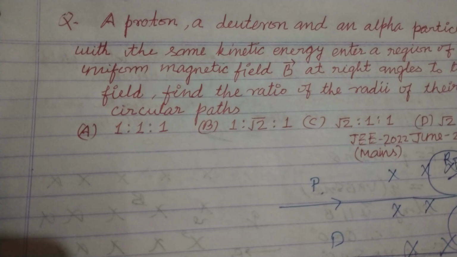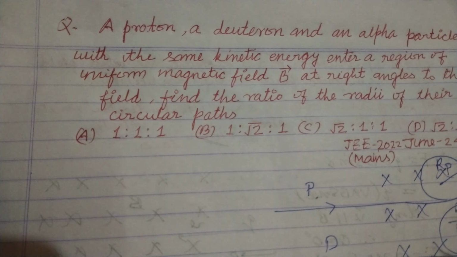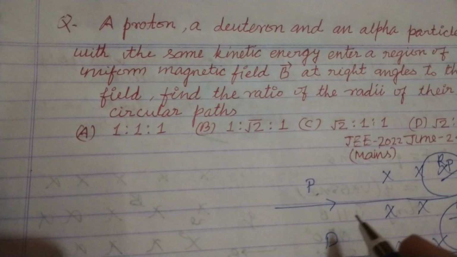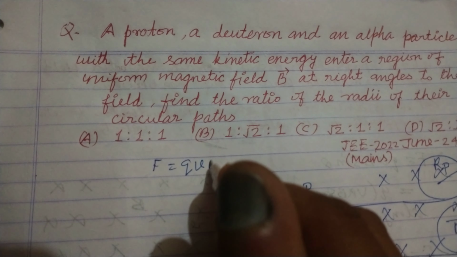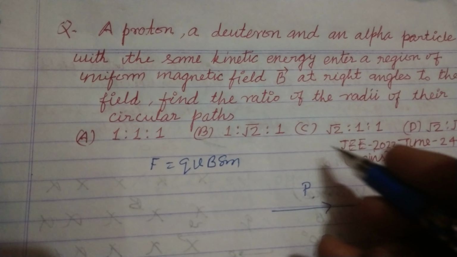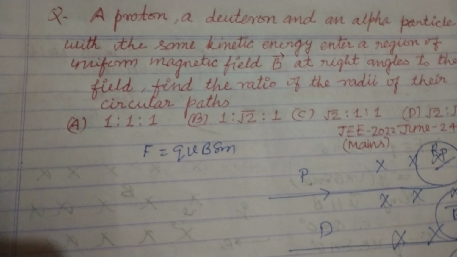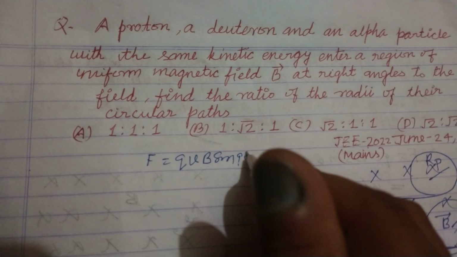Since you know, when a particle enters a magnetic field, it feels a force called magnetic force. So F equals qvB sin theta, because particles are entering at right angle, so sin 90.